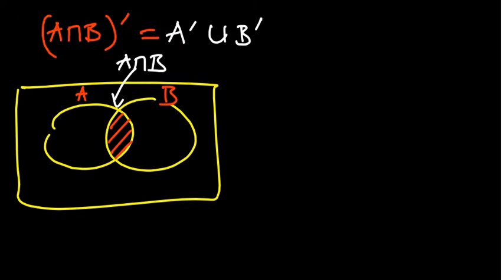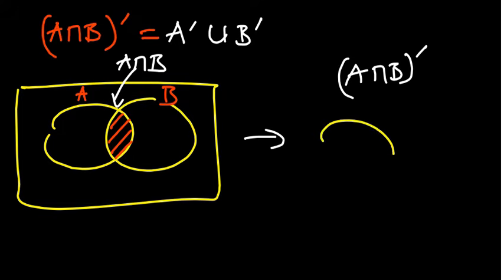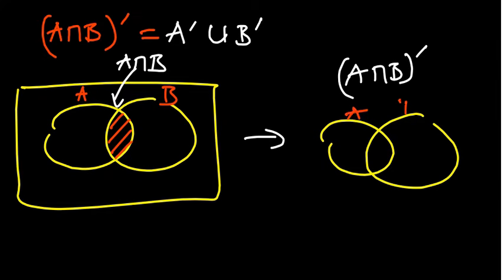Now, A intersection B complement will be the region outside that. So if you draw the same sets, you expect that your A and B look like that.